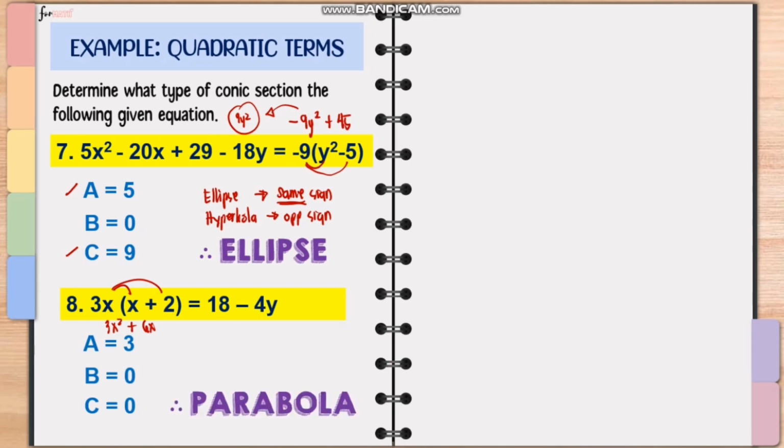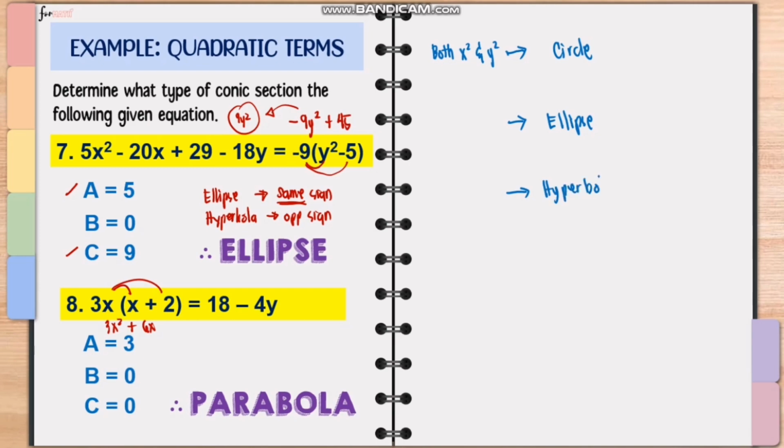Okay? So, once again, para malaman natin kung anong conic section ba ang isang equation, kapag both x squared and y squared are present, okay, ang option mo ay tatlo. Una, pwede mo masabing circle, pwede rin nating masabing ellipse, pwede rin nating masabing hyperbola siya.